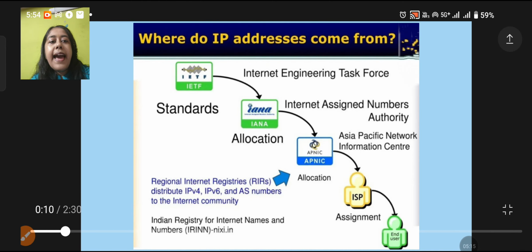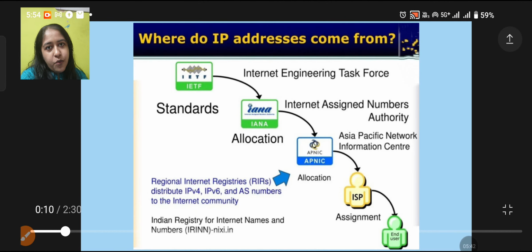So here IANA and APNIC are the regional internet registries, that is RIRs, which distribute the particular version, maybe IPv4, IPv6, and AS numbers to the internet community. Now the Indian Registry for Internet Names and Numbers, IRINN, is the particular body where the allocation is done.